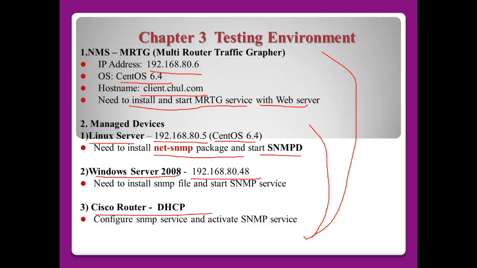Windows Server, this one, 80.48, and this one normally we install the SNMP feature and start the SNMP service. Cisco router also normally needs to configure the SNMP service and activate this service.